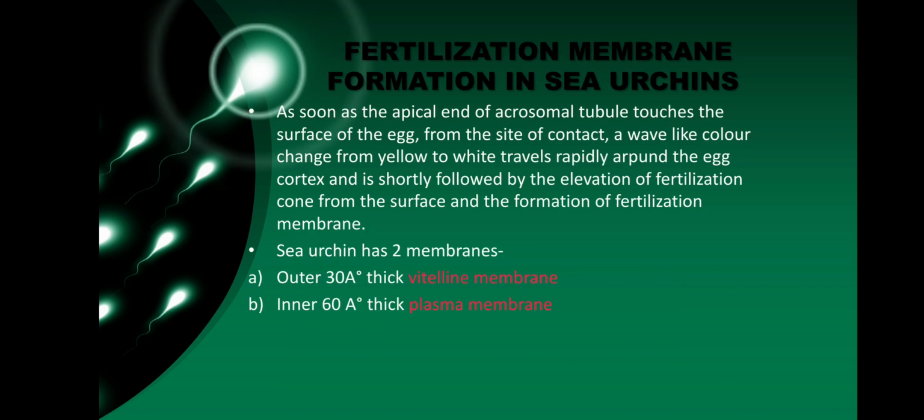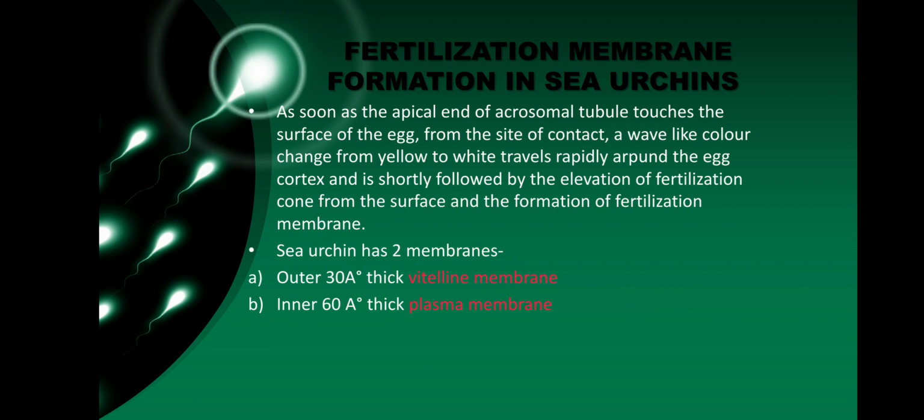Now, let's move on to an example of how this fertilization membrane is formed in sea urchins. The first step: as soon as the apical end of the acrosomal tubule of the sperm touches the surface of the egg, from the site of contact, a wave-like color change from yellow to white travels rapidly around the egg cortex, and is shortly followed by the elevation of the fertilization cone from the surface and the formation of the fertilization membrane.